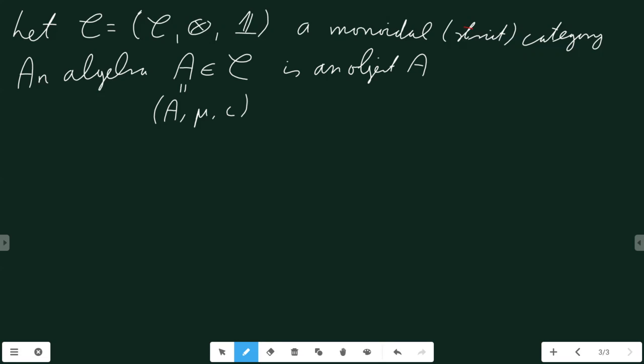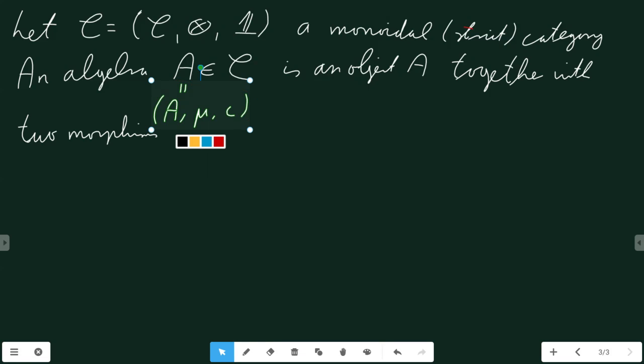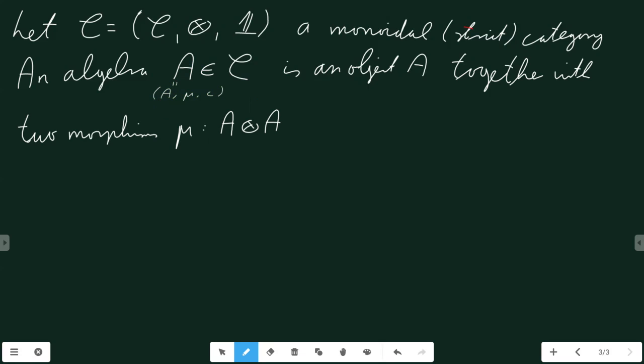So my last symbol is supposed to be an iota. It is an object A together with two morphisms: mu from A tensor A to A, and iota from the monoidal unit to A.